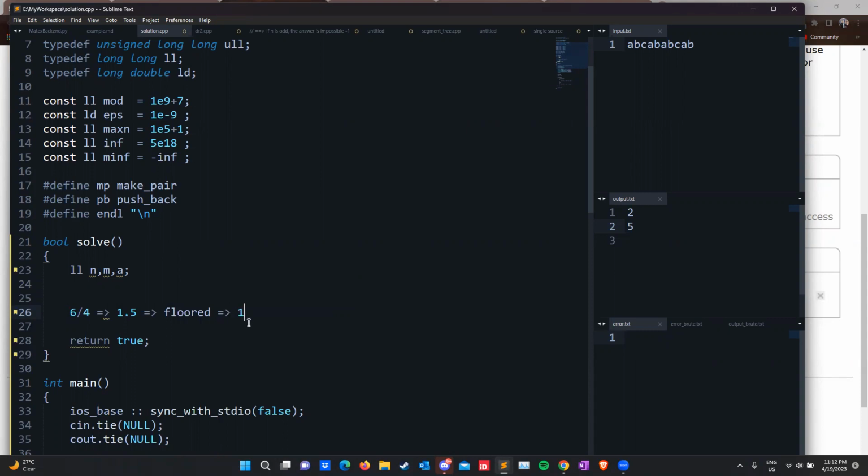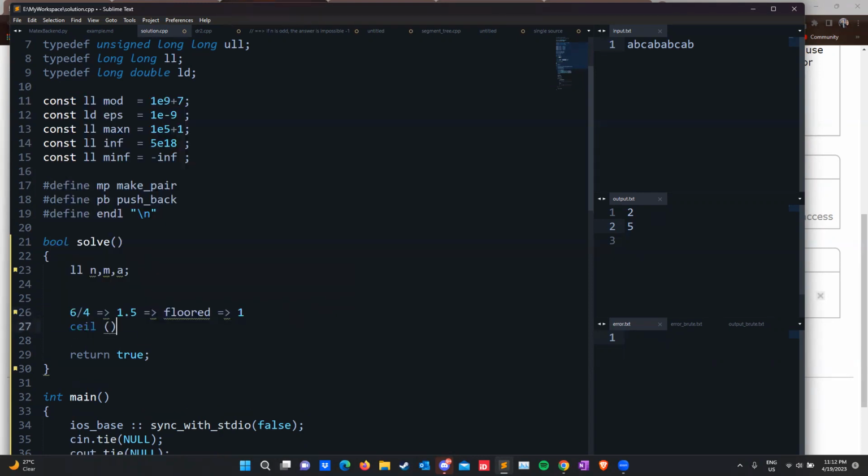And now if you try to find ceil of 1, it will be 1, so it will not work. So if you have to find ceil of a by b, where a and b are integers, then you have to typecast them into floats first. Now it will be ceil of 1.5, and it can go up to 2.